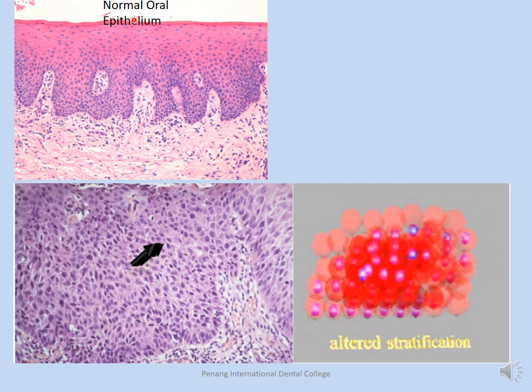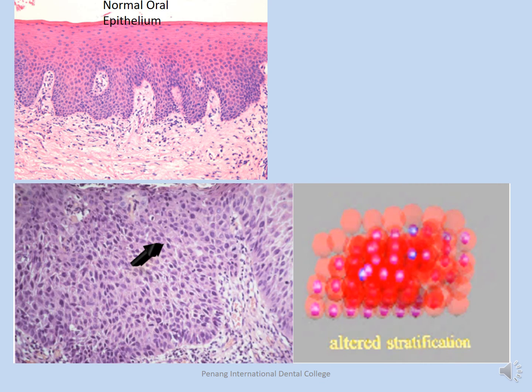So now we have normal epithelium, which is regular arrangement, right? Regular stratification. But in dysplasia, what happens is there is a loss of stratification. That means there is irregular arrangement of these cells as they mature and progress further, which is not good news. Which is indicative of dysplasia, which is indicative of a pre-malignant change, right?